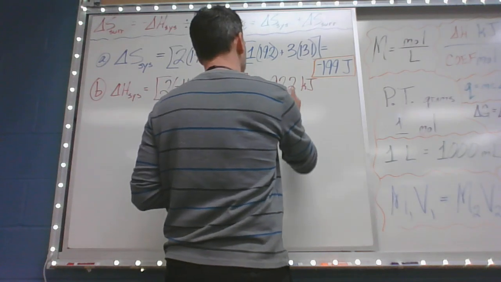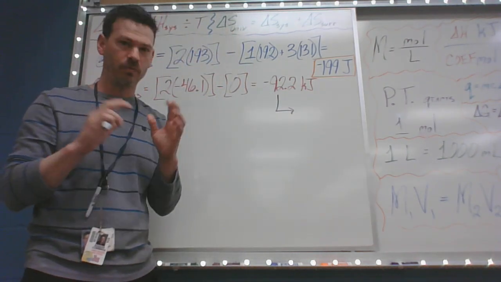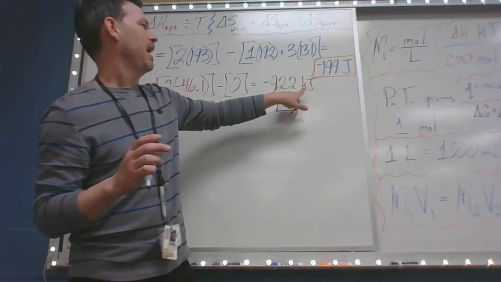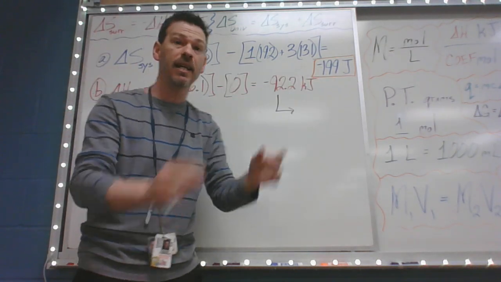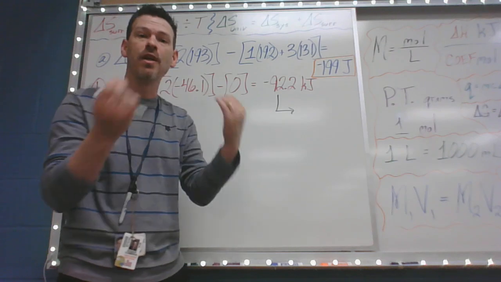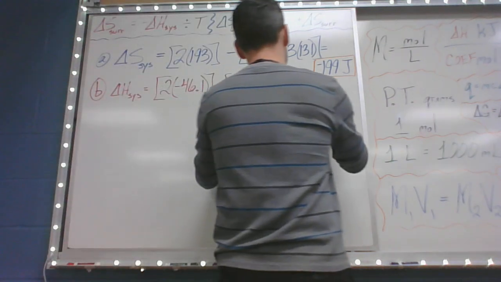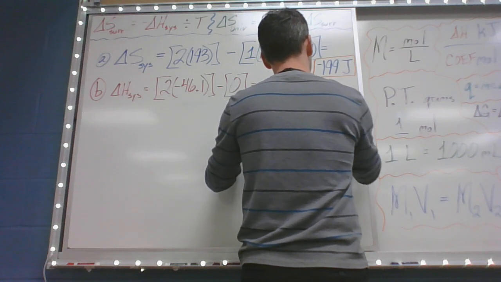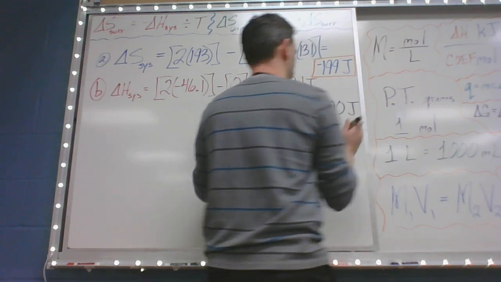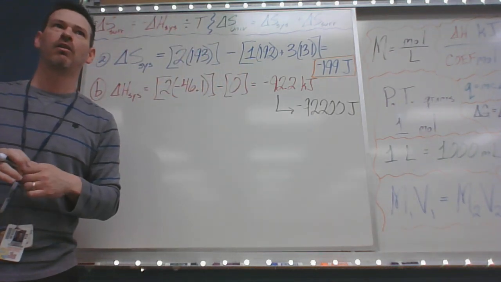Let's immediately turn it into joules, which should be easy. If kilojoules is going to joules, the unit's getting smaller, so the number gets larger, and kilo is 3 slides. This should become negative 92200 joules. And there's a usable version of the number.